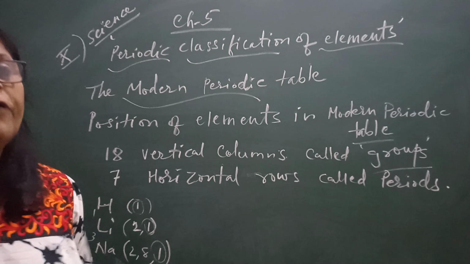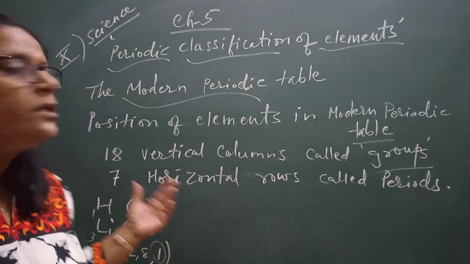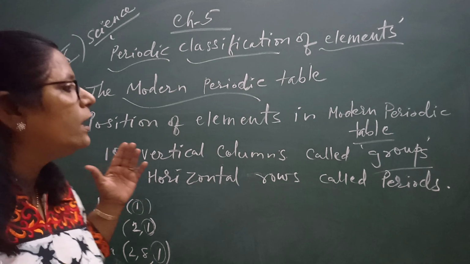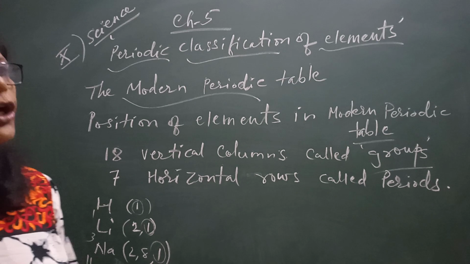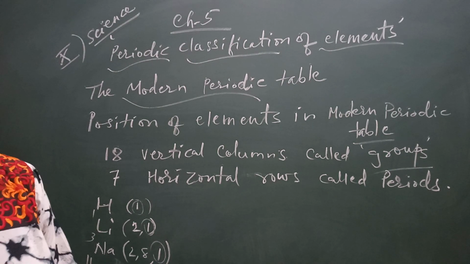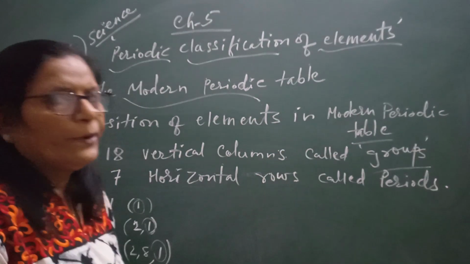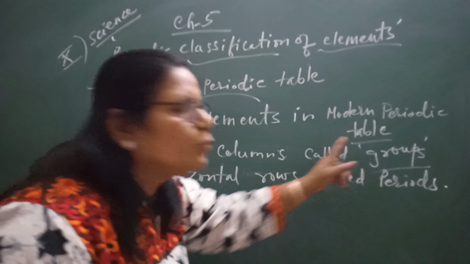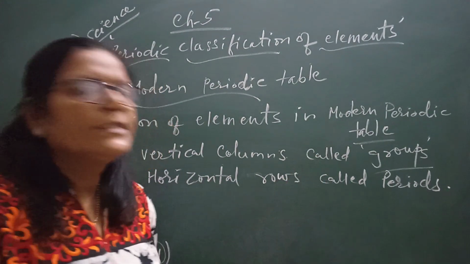After the discovery of atomic number, Mendeleev's periodic table was rearranged and all the elements were arranged in increasing order of their atomic numbers. Now a total of 18 vertical columns were prepared and they are called groups, and 7 horizontal rows are called periods.